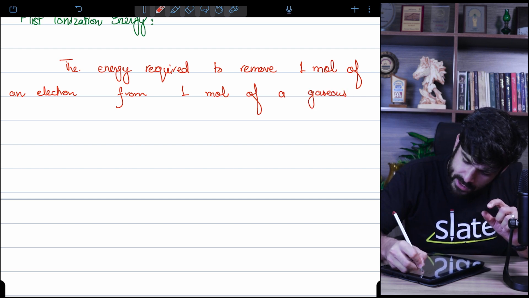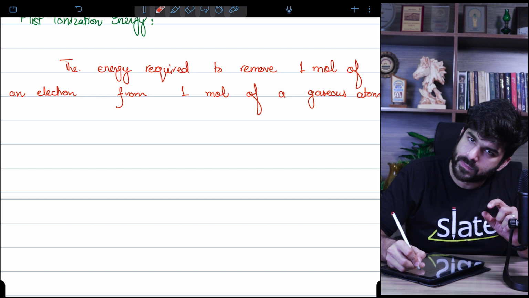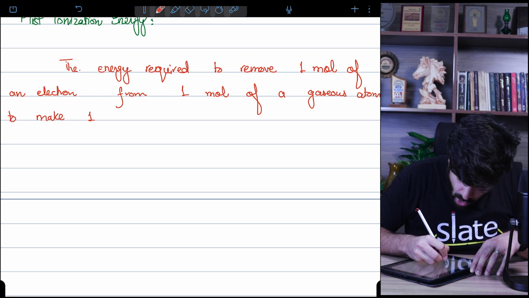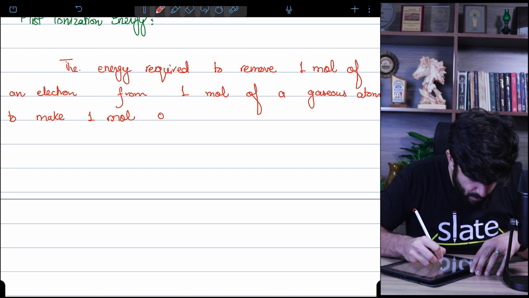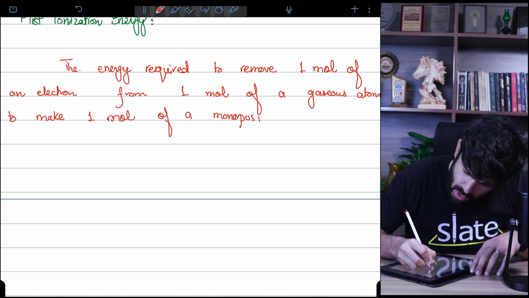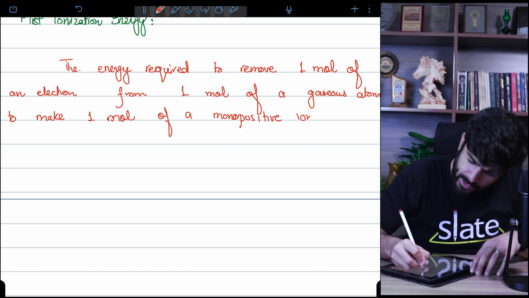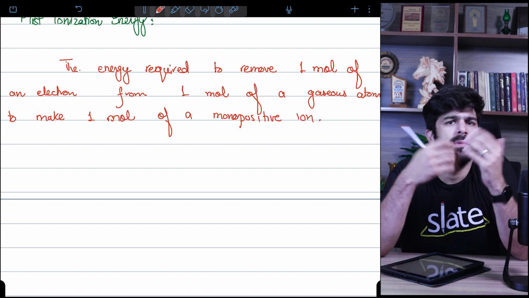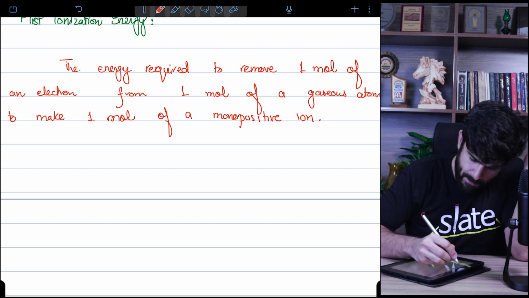This is important. Gaseous atom. To make 1 mole of a monopositive ion. Obviously, if you remove 1 electron, it will become a monopositive ion.